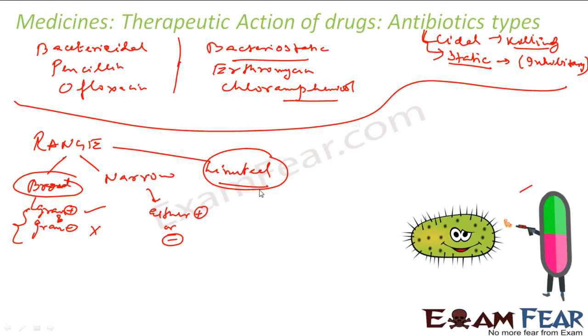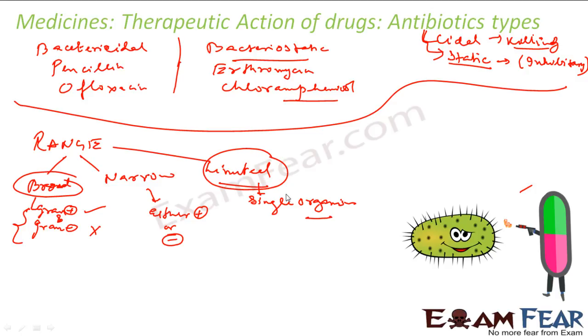Limited ones are effective only against a single organism, a single bacteria type or disease; they are called limited spectrum antibiotics. Correct? Broad spectrum antibiotic: any bacteria it will hit. Narrow: only either gram positive or gram negative. And limited is only a single organism. Correct?